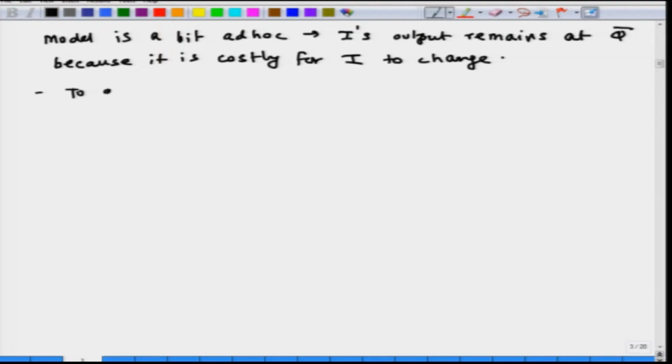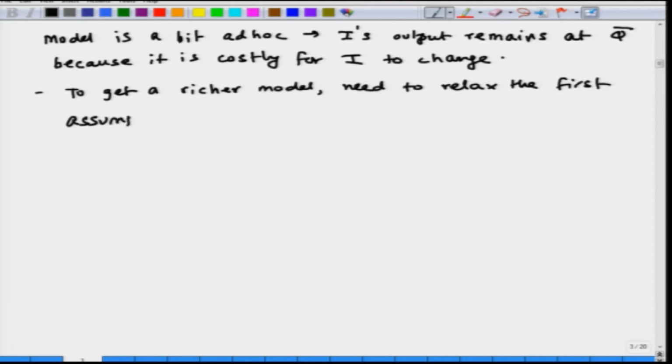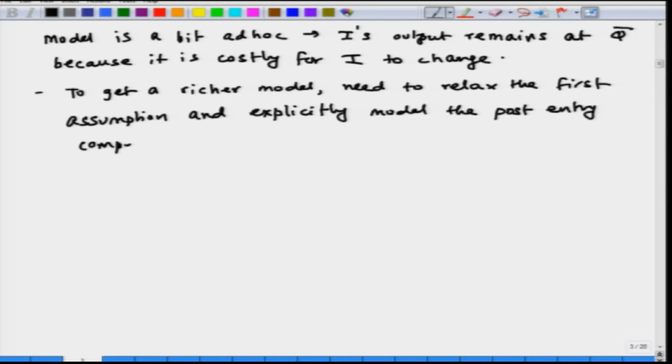So, to get a richer model, we need to relax the first assumption and explicitly model the post entry competition between the incumbent and the entrant, right. This is going to be our next task.